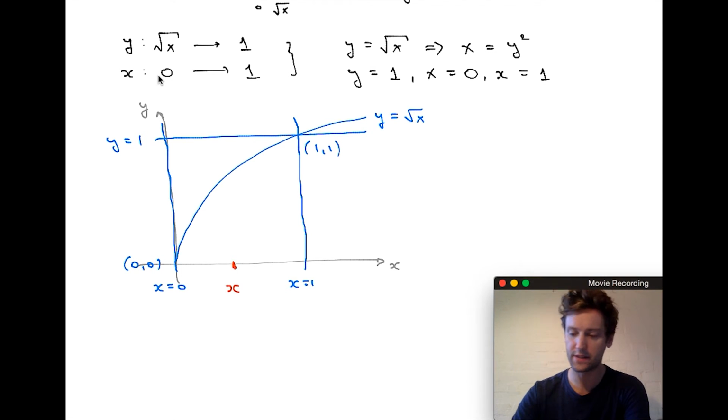And for that value of x, take a value of y between the square root of x and 1.